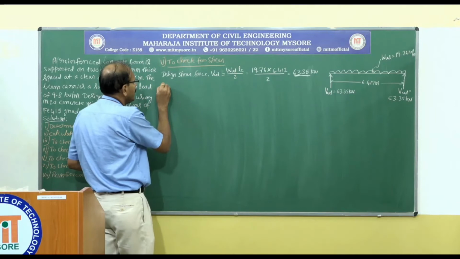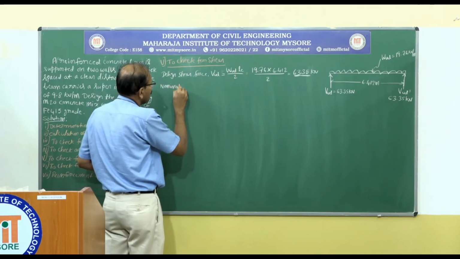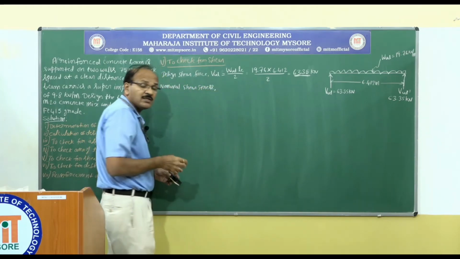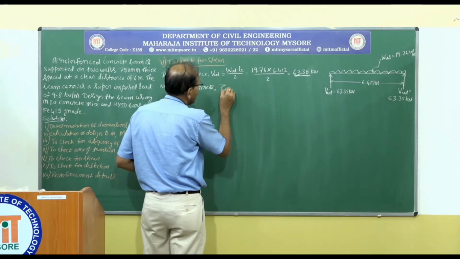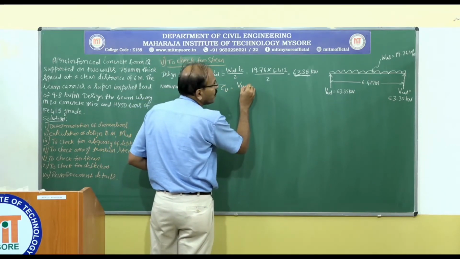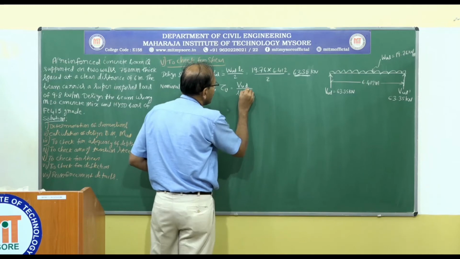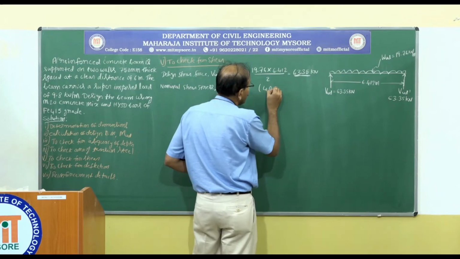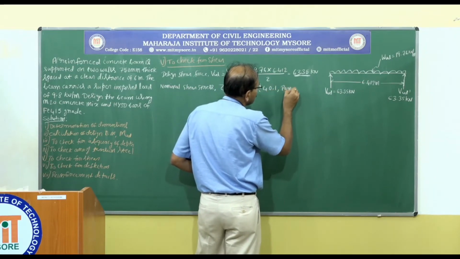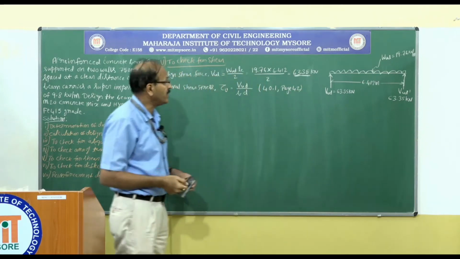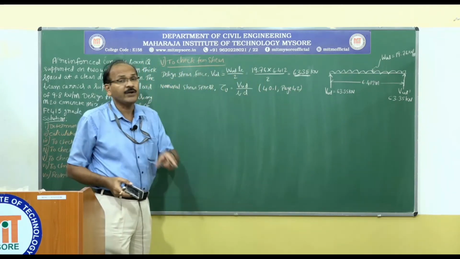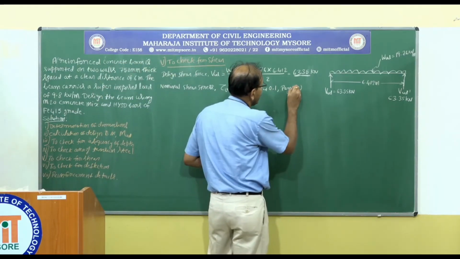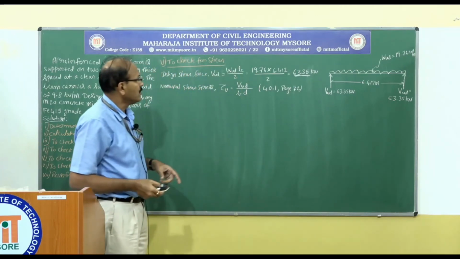So now nominal shear stress tau v equal to Vud divided by bd. So this is as per page number 72. Please open page number 72. Sorry, I said 42, it is page 72. Okay. So what is Vud?